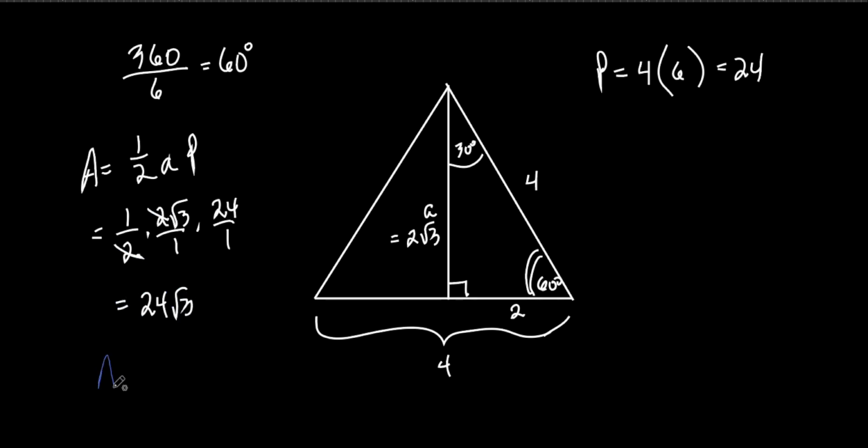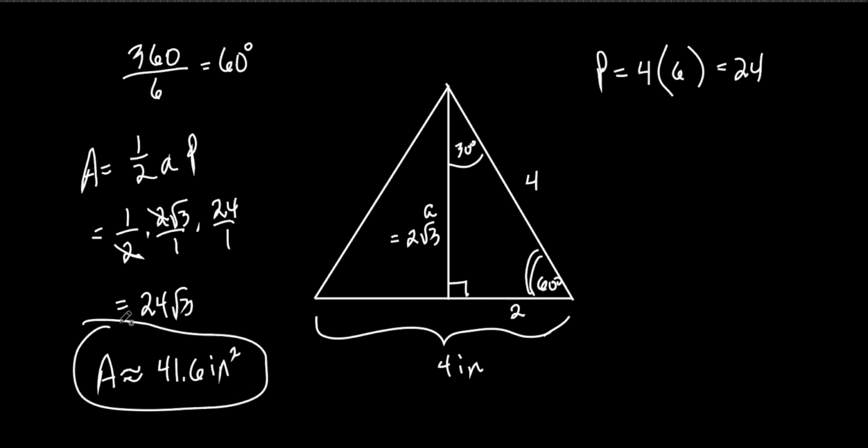But normally on area, they want it as a decimal. So we'll put approximately. I'll throw that into my calculator, and it's approximately 41.6. I didn't tell you earlier, but this is in inches. You guys can't just pay attention to the end. We're just about done. So it's inches squared. And that's how you find the area.